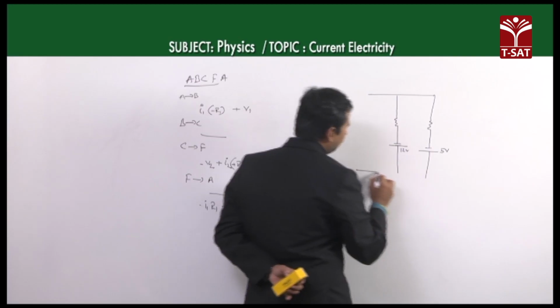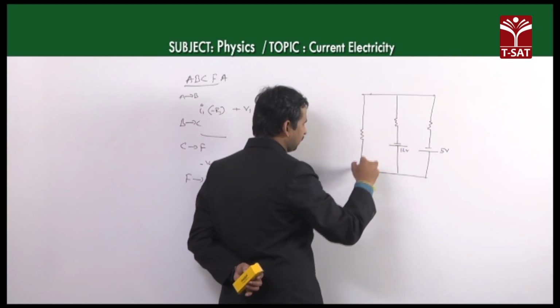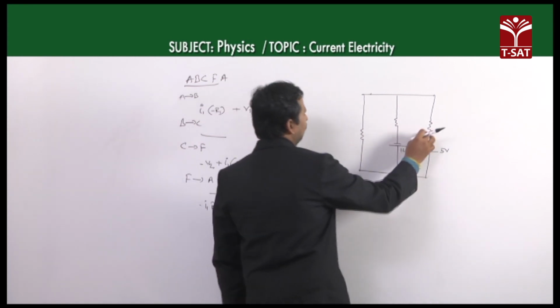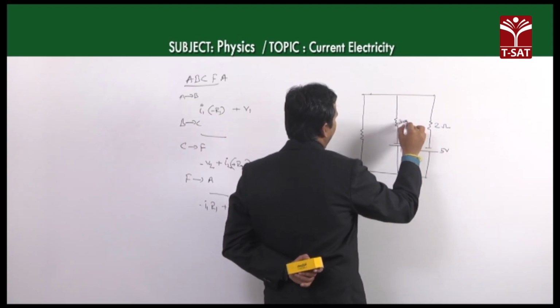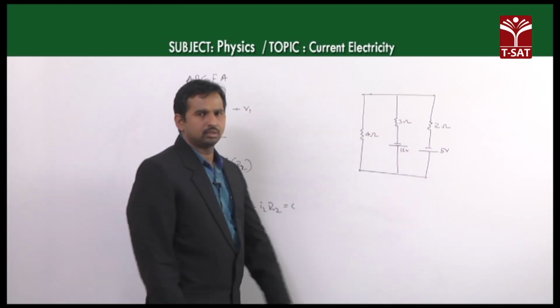Okay. And again these two are passed through one more resistance here, like this. So in total we have 3 resistances, R1, R2, R3. Let them be 2 ohms, 3 ohms, 4 ohms, like this.